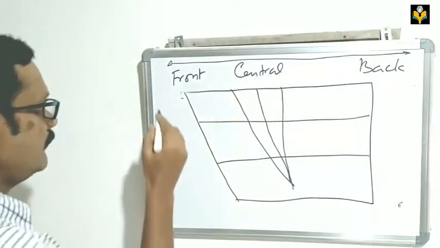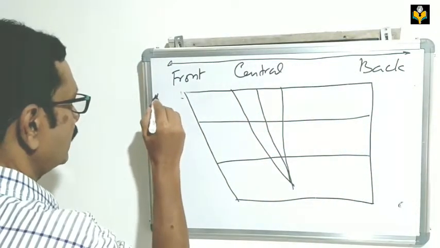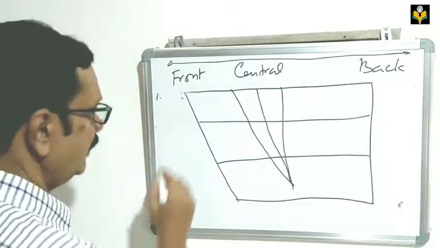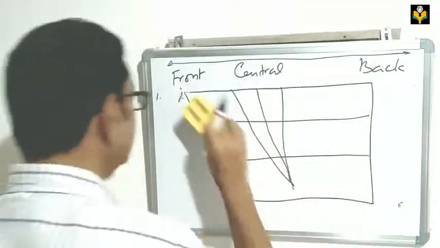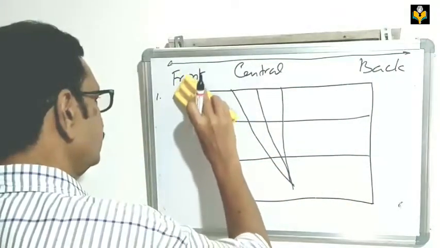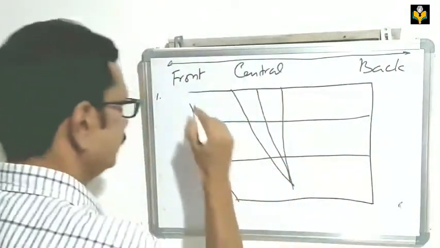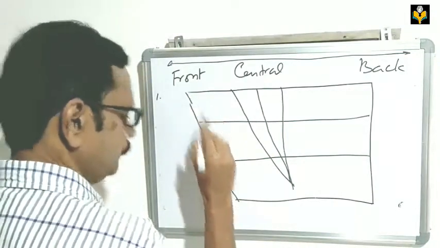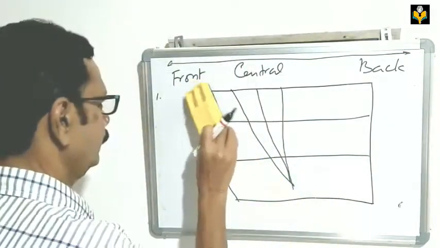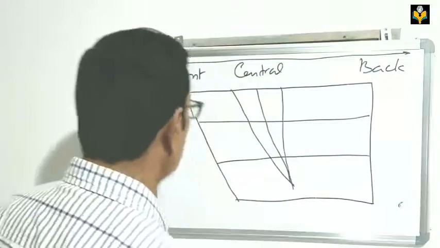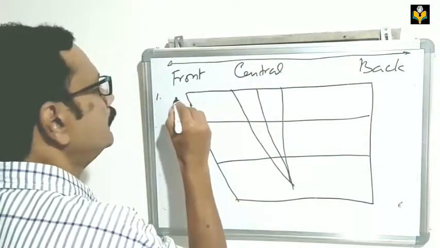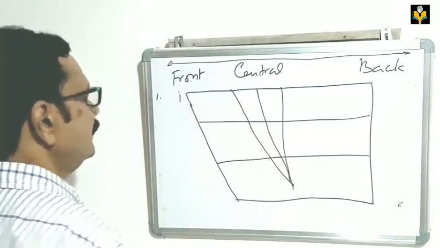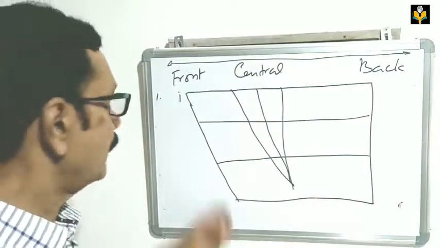So cardinal vowel number 1 is somewhat E. This is the number one vowel.